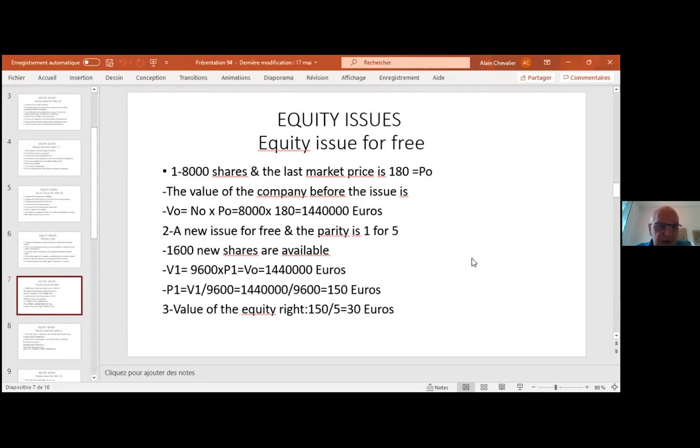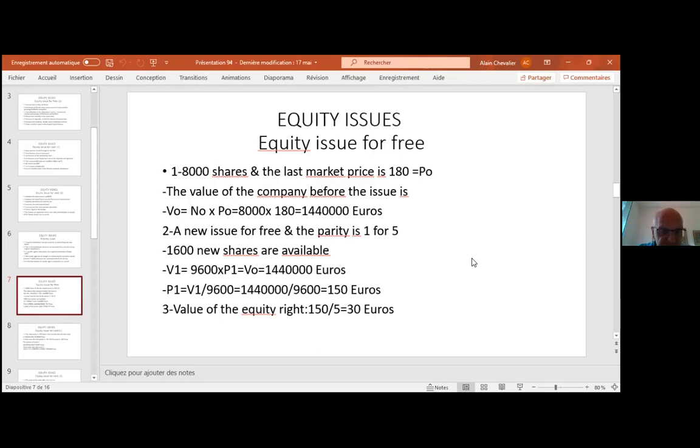That means that V1 in that case is still equal to 1,440,000. But now you don't get 8,000 shares. You get 9,600: 8,000 plus 1,600.